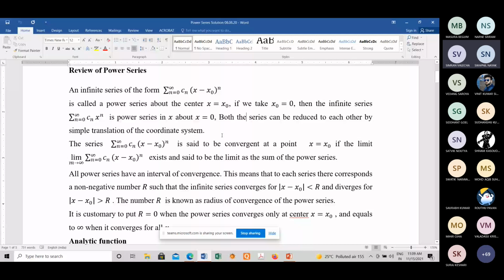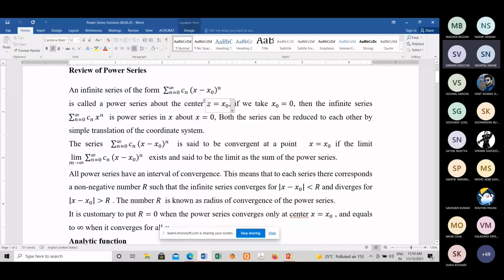It means, suppose sometimes someone asks to find the series solution about the point x equal to x naught, and we face problems in calculation. So we can shift the point x naught to the origin. How can we shift? By taking x equal to x naught plus z.